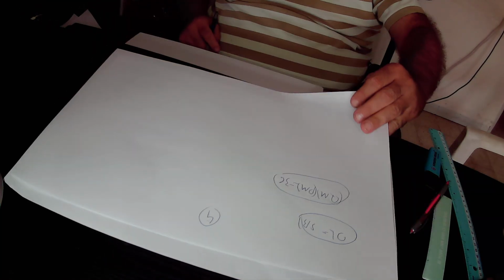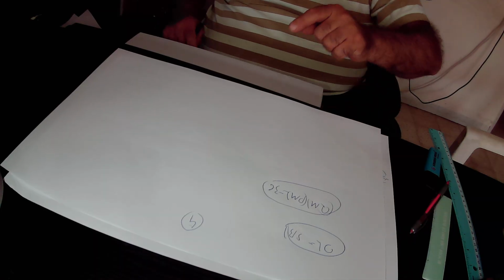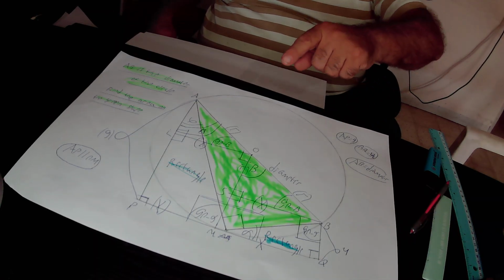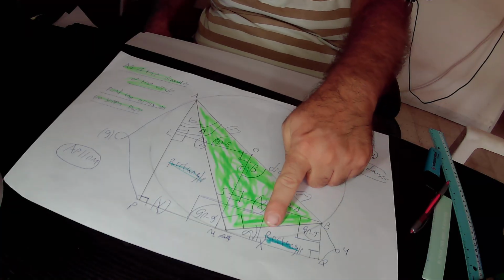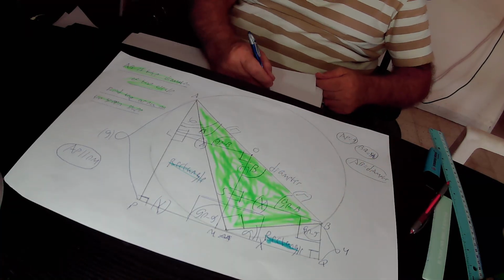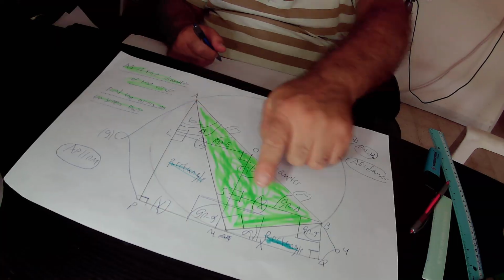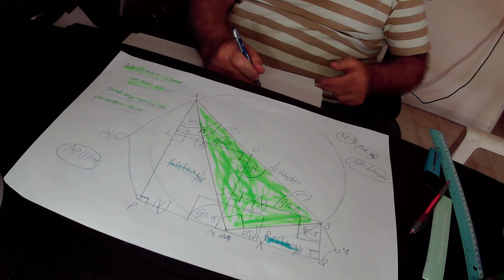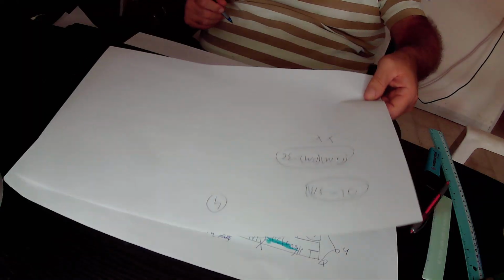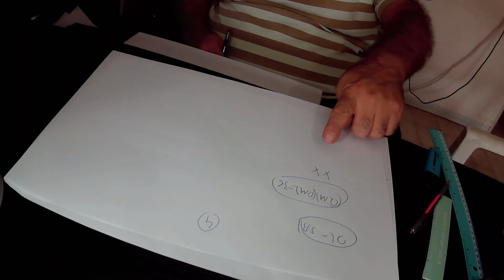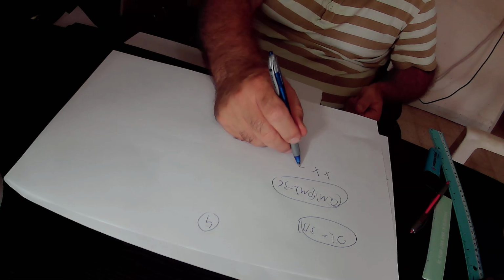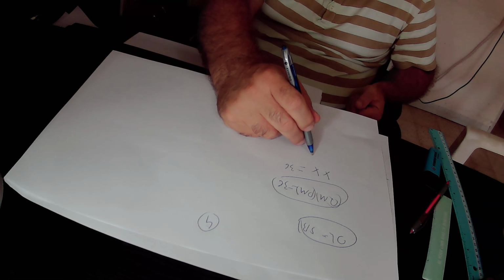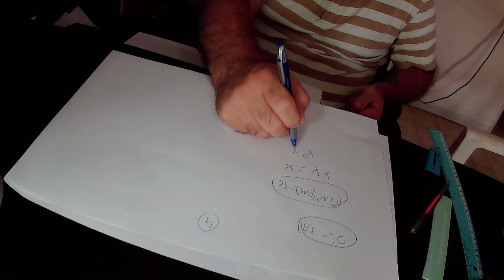So we found out that QM times PM equals 36. QM is X times PM. PM is also X. So we found out that X times X equals 36. X times X is X squared, so X squared equals 36.